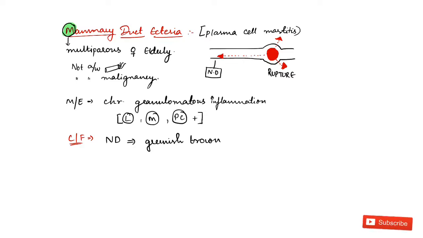Remember, the M stands for multiparous, elderly patients, and remember this diagram: the secretions and the rupture, and due to the rupture you find the inflammatory conditions and infiltration of lymphocytes, macrophages and plasma cells. It is not associated with smoking or malignancy. The main clinical feature is greenish brown discharge. This is all you have to remember about mammary duct ectasia.